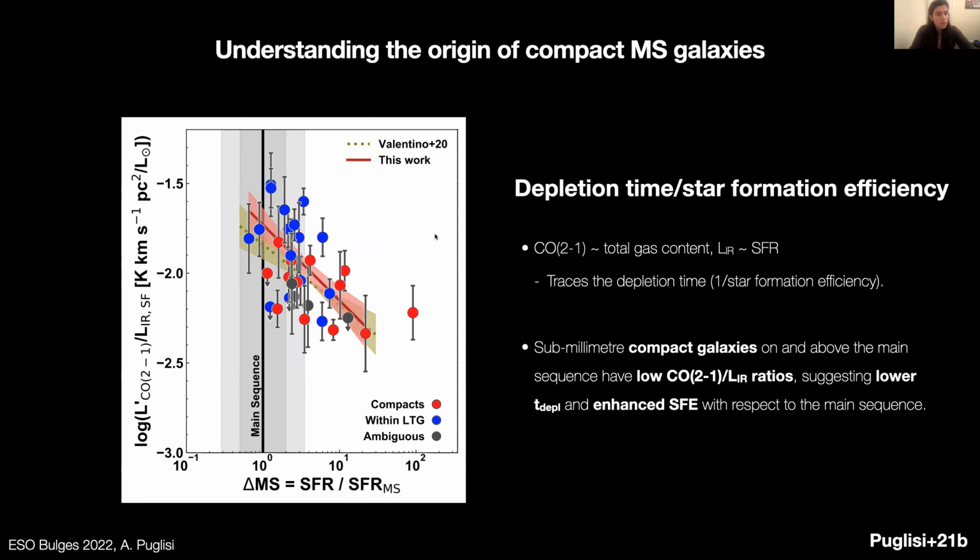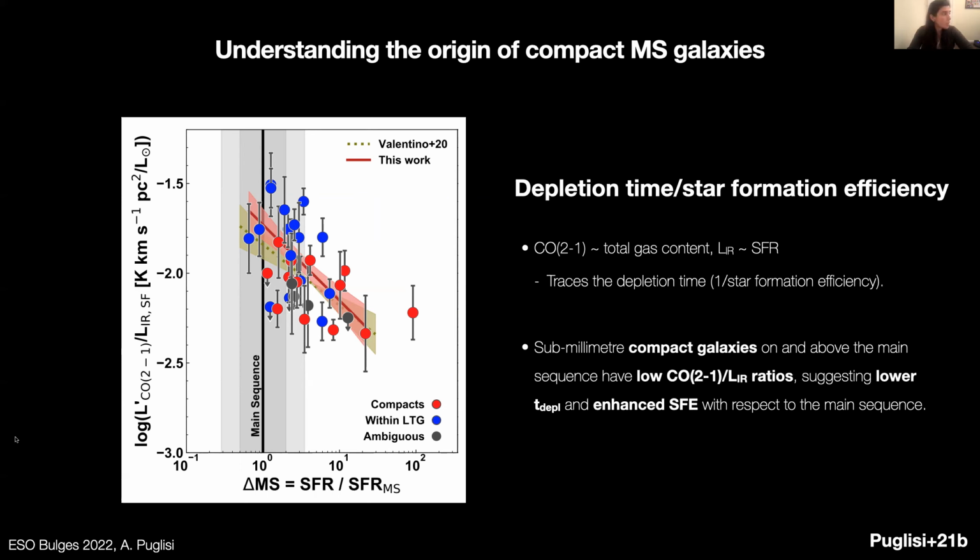Now, this plot is quite similar to the previous one, but this time, the y-axis shows the CO2 over LIR ratio. Because the CO2 traces the least dense molecular gas, it's a good proxy for the total molecular gas mass of galaxies, whereas LIR is a measurement of the star formation rate.